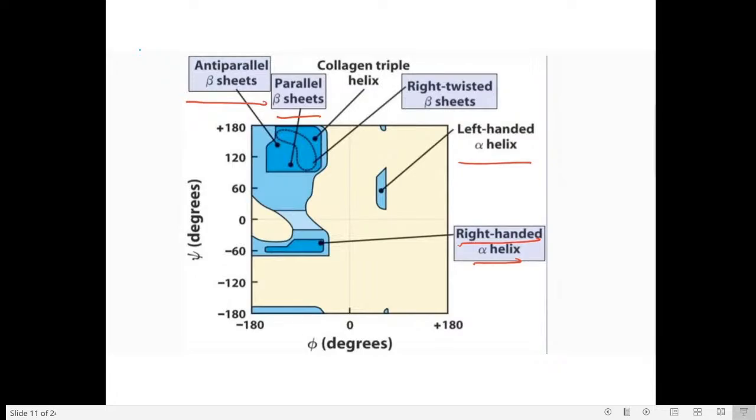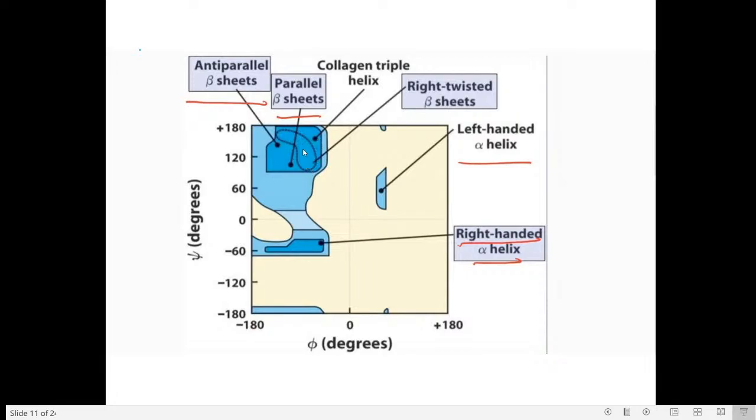Okay, beta sheets are antiparallel and parallel also, right? Likewise, alpha helix has right-handed and left-handed, right? Similarly, beta sheets also have parallel and anti-parallel. In that image, the internal red color region is there, right? This red color region is in the center portion and the external portion.